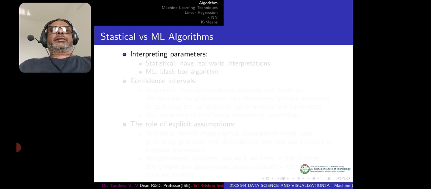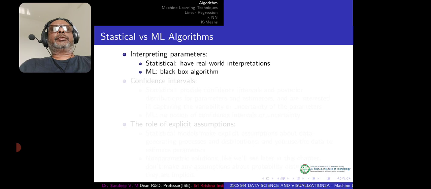So first let us look at interpreting the parameters. The statistical algorithms have real world interpretations about the parameters, but in machine learning these parameters are unknown, so we have a black box approach.